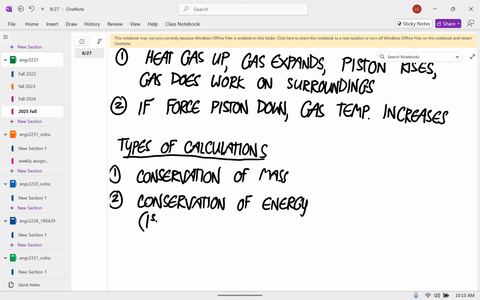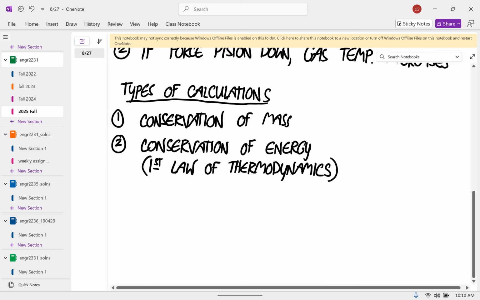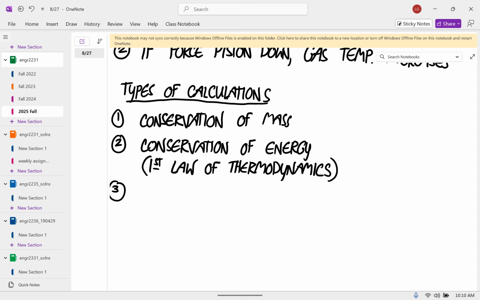And we'll talk about conservation of energy is the first law of thermodynamics. So that's how we'll refer to it. And then the third one is the total entropy of your system and your surroundings. So we're not talking about just the entropy inside a box or whatever. We're talking about all the entropy in the world. Total entropy can never decrease.